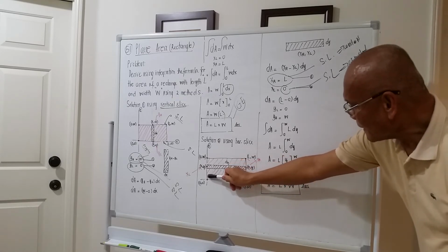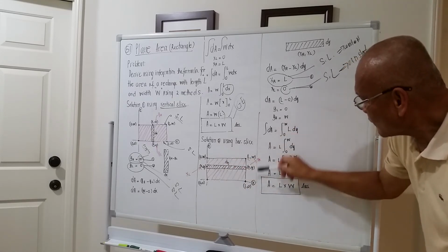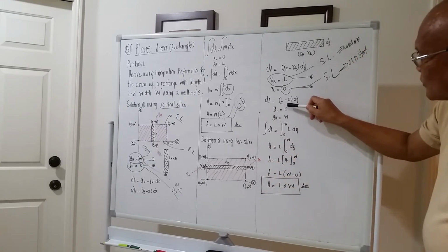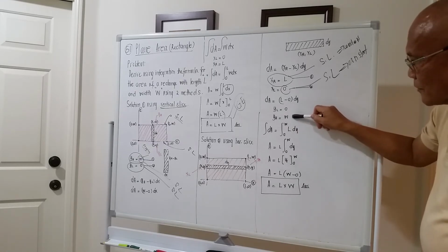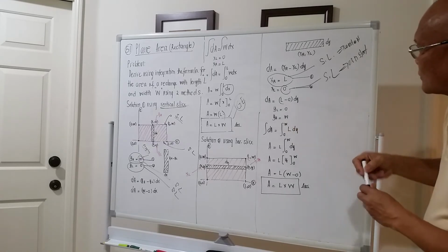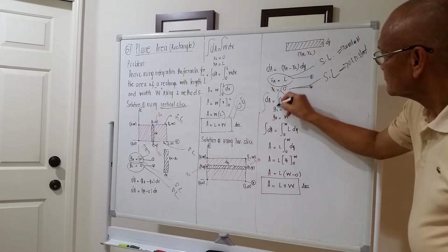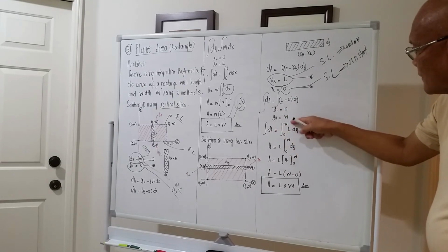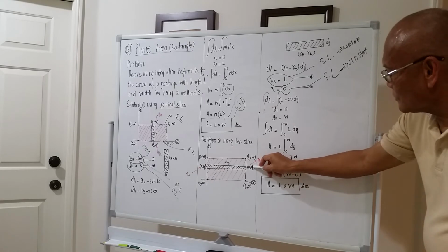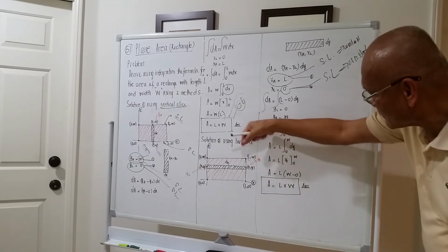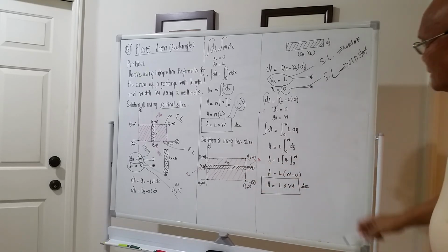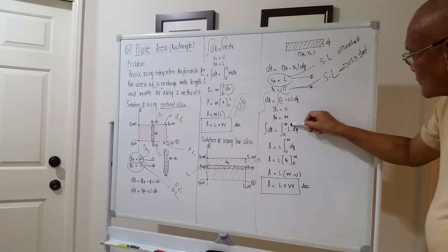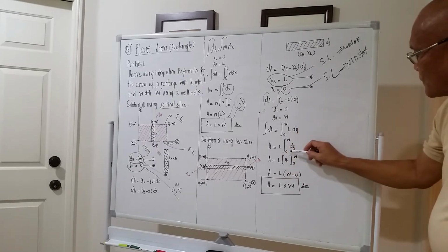So to cover up the area covered by the red pen, dy should move from 0 to W. So our lower limit will be 0, upper limit will be W. Integrating both sides, the integral of the differential area equals the integral from 0 to W, dy should move from 0 to W. This is W. The integral from 0 to W of L dy. L is constant, it will come out. The integral from 0 to W of dy.